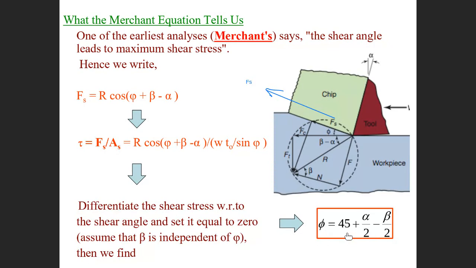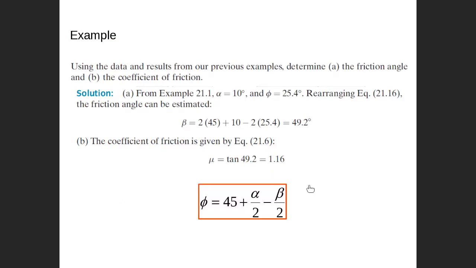This equation is valid whenever you do cutting in machining, because when you do machining you reach the maximum, and the material will be separated. So this equation is obtained from the maximum shear stress.